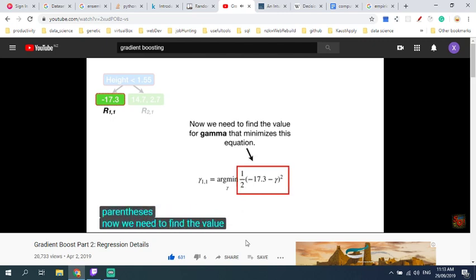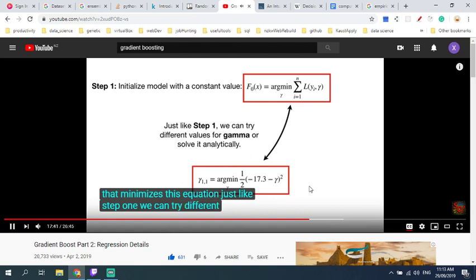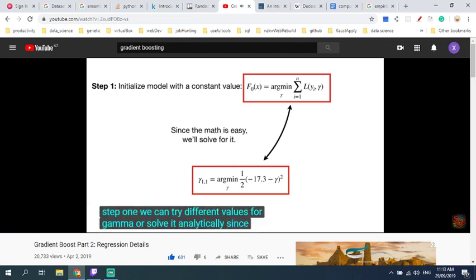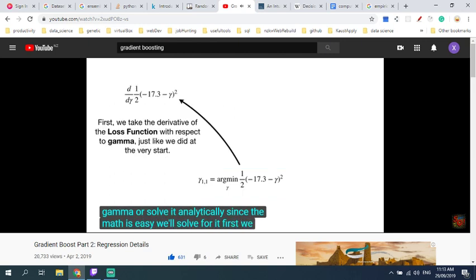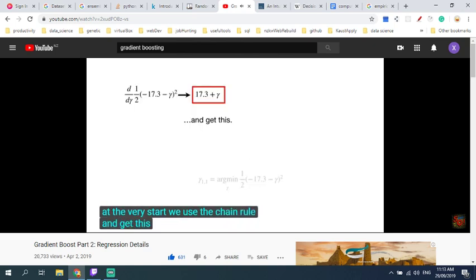Now we need to find the value for gamma that minimizes this equation. Just like step 1, we can try different values for gamma or solve it analytically. Since the math is easy, we'll solve for it. First, we take the derivative of the loss function with respect to gamma, just like we did at the very start. We use the chain rule and get this.